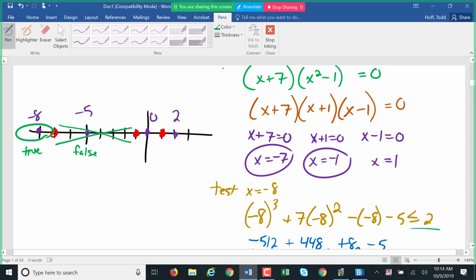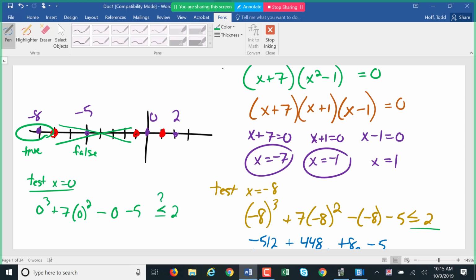Let's test 0. We've got 0 to the third plus 7 times 0 squared minus 0 minus 5. Is that less than or equal to 2? Well, all we have there is -5. -5 is definitely less than or equal to 2, so we are true there.